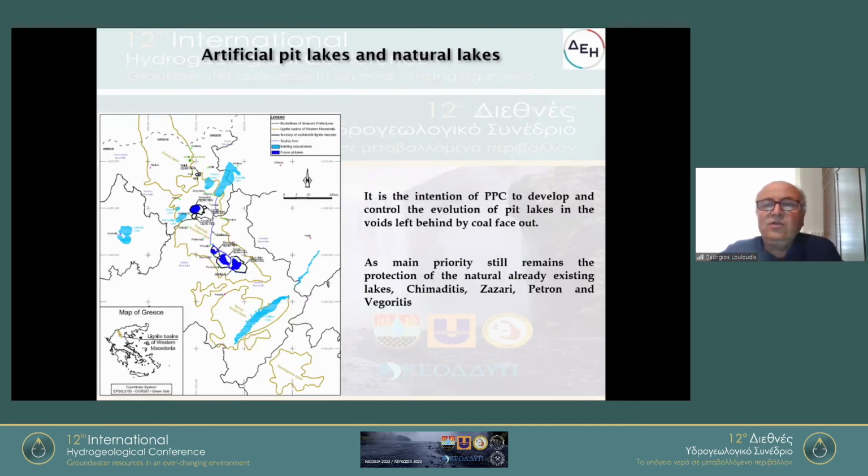It is the intention of PPC to develop and control the evolution of pit lakes in the voids left behind by coal phase-out. As main priority still remains the protection of the natural already existing lakes such as Chimaditis, Zazari, Petron, and Vegoritis.